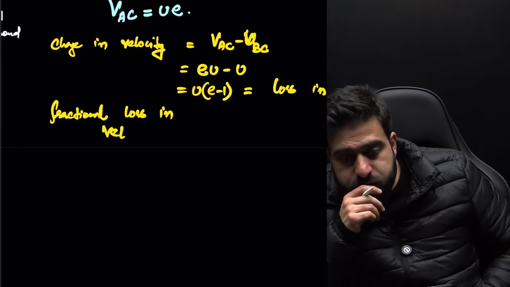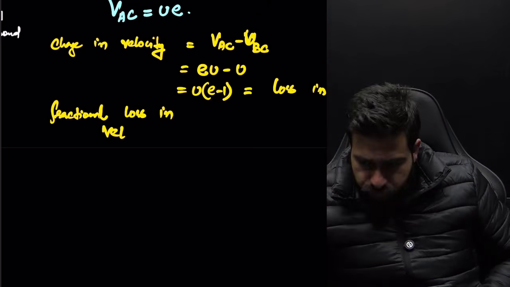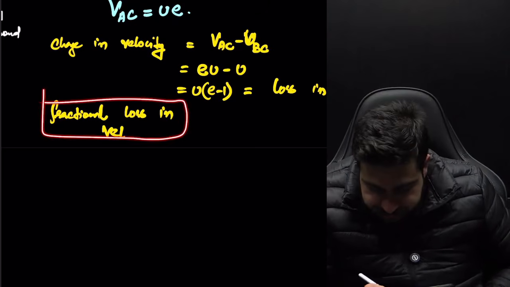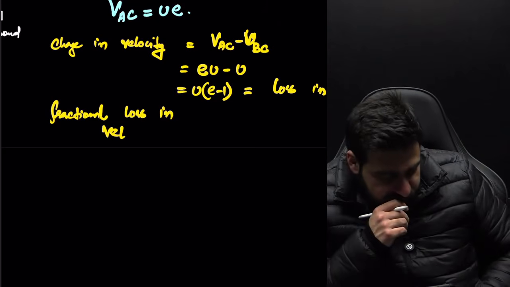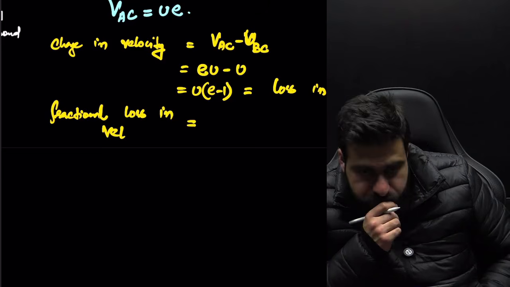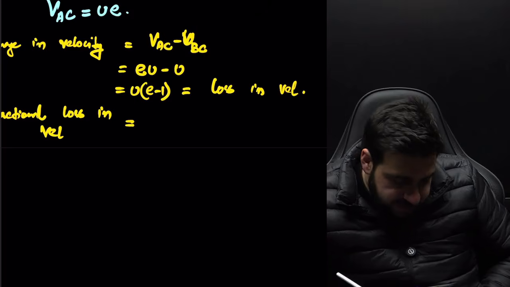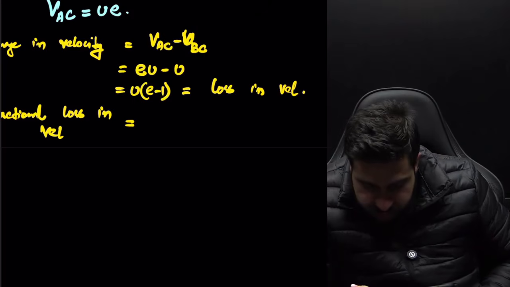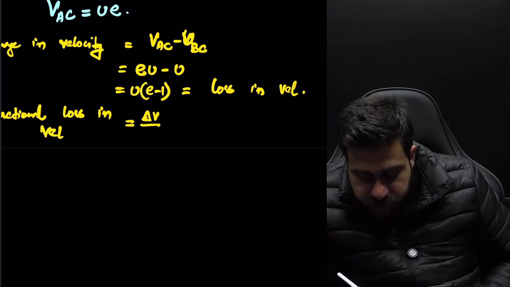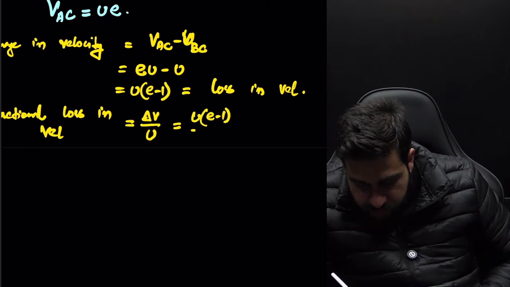When we define fractional loss in velocity, it simply means change in velocity, delta v, divided by the original velocity, that is u into (e minus 1) upon u.